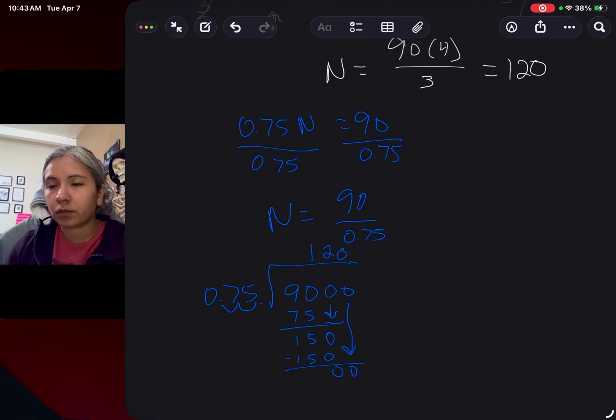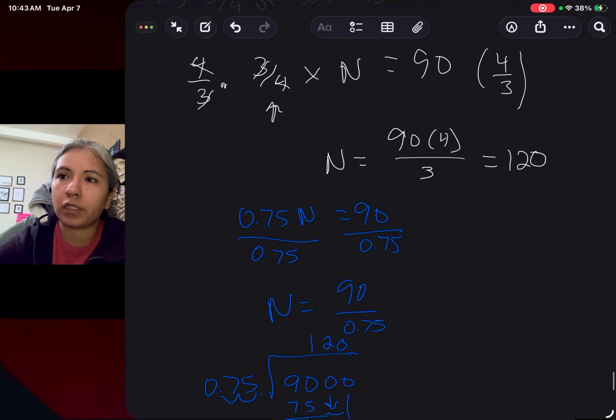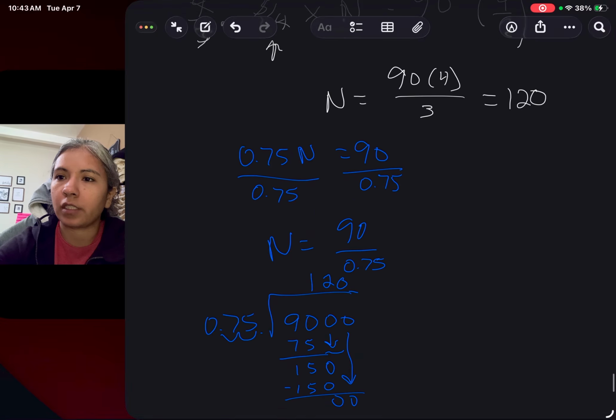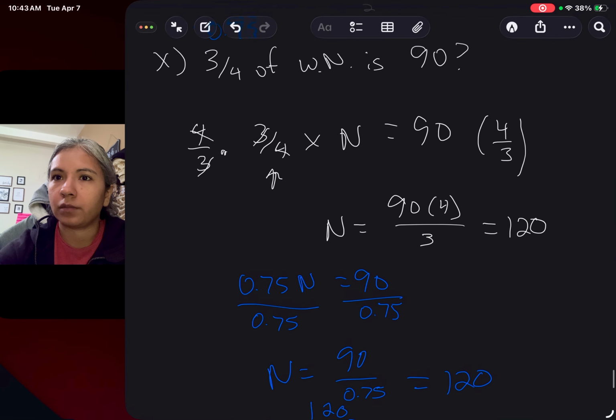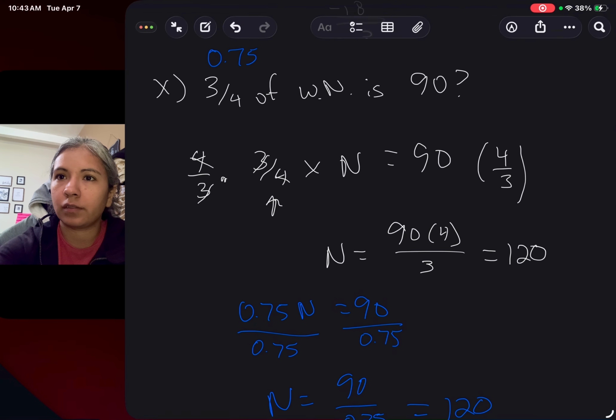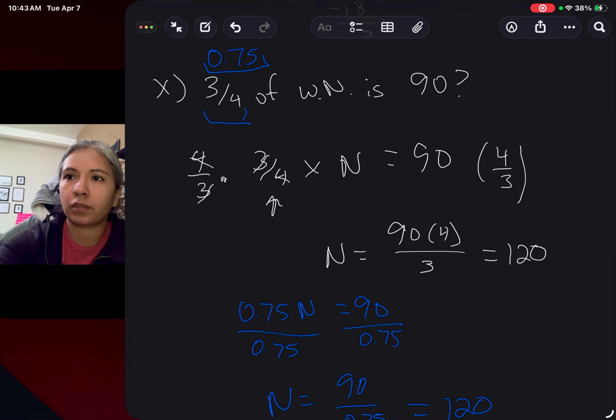Yep, so we'll just divide there, or if you do that in a calculator, 90 divided by 0.75, it would still give you 120, so your answer is the same whether you use the fraction or the decimal. The number that we're looking for is still 120.